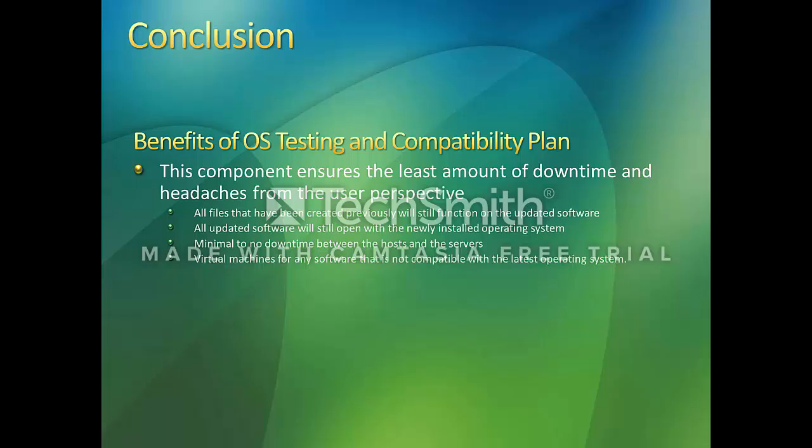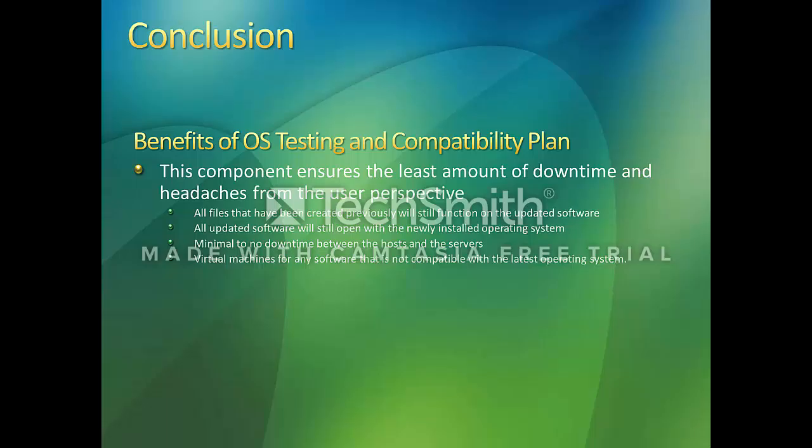Some of the benefits that we're looking to see is that all of the files that have been created previously will still function on the updated software. All updated software will still open with the newly installed operating system, Windows 10. Minimal to no downtime between the hosts and the servers.